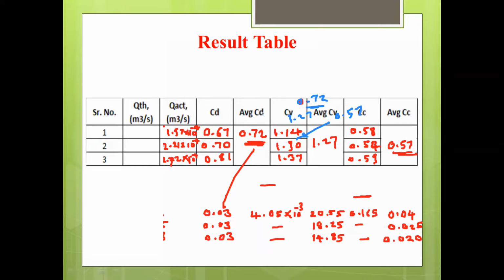Roll number 7, Pragati Jadhav. Are you there? See, another candidate has slept. Roll number 8. Yes, sir. Okay.